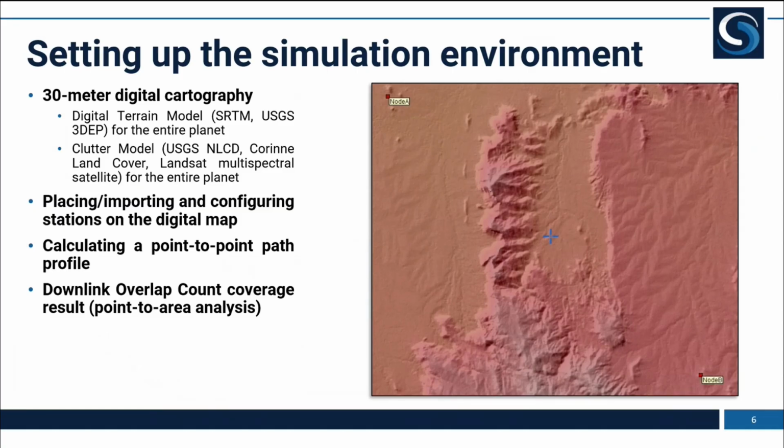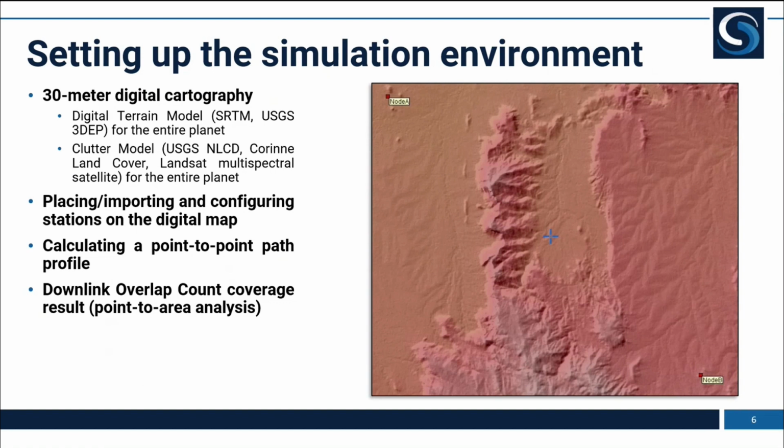So obviously you need digital terrain and clutter information. So this is included with the Spectrum E software. There's 30-meter digital terrain data for the entire planet. We generally use SRTM or the USGS 3DEP in the case of the US territories and contiguous states.